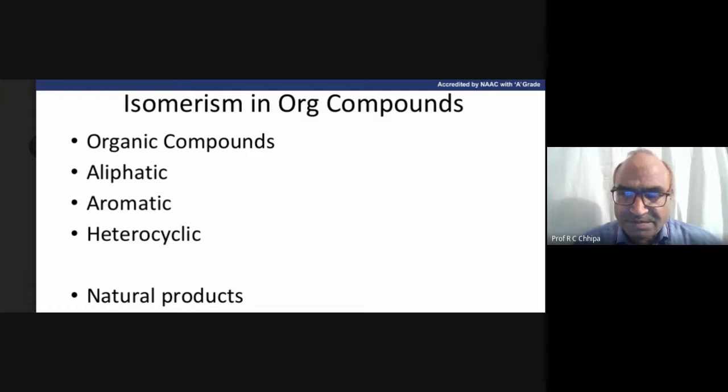All of you know, we eat food, and the major constituents of food are carbohydrates, fats, and proteins. These are the natural products. When they are given out by nature they are called natural products, and certainly those are also organic compounds.